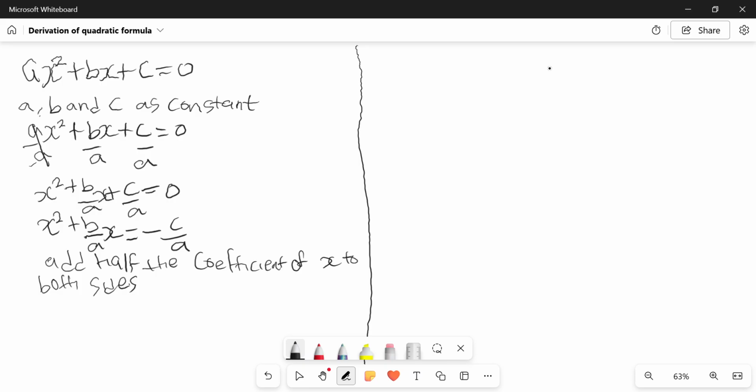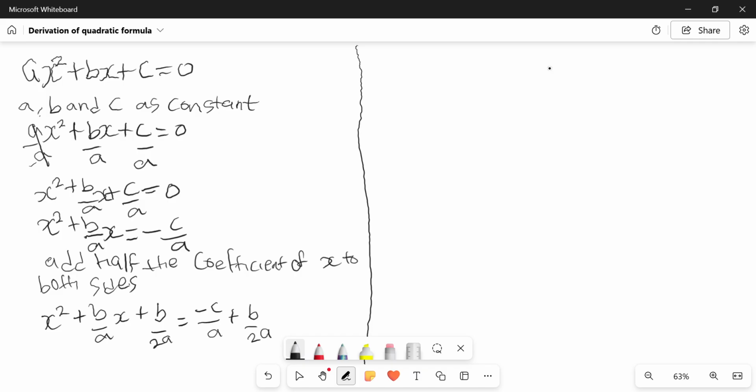This becomes x squared plus b all over a x plus, now please take note of this, half of b all over a is b all over 2a. So this is b all over 2a equals minus c all over a plus b all over 2a.